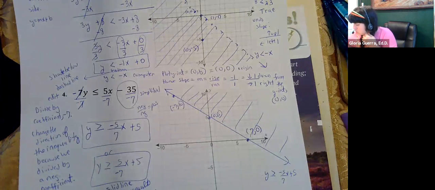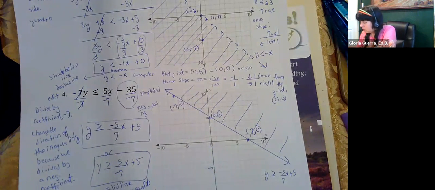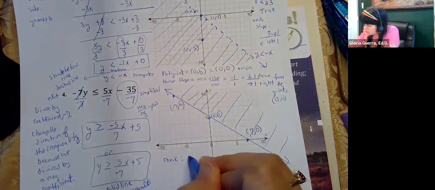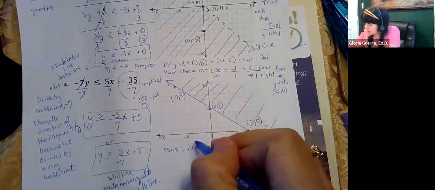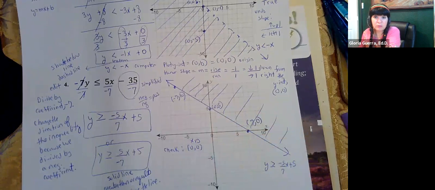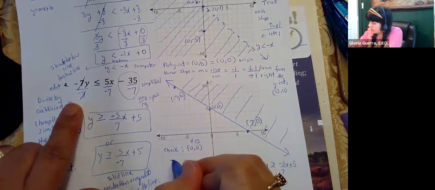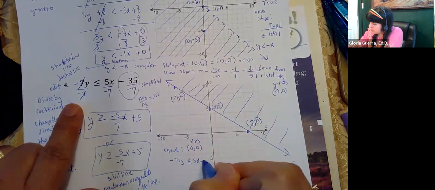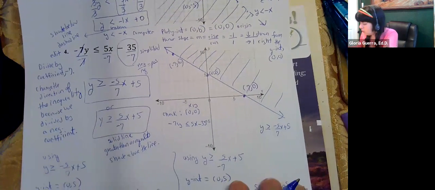Okay, so let's do a check. I'll use 0, 0 because it makes the math easier. According to this, when I plug in x, y, I should get a false statement. It's not on the shaded region. So when I plug it into the original inequality, -7y less than or equal to 5x minus 35, I should get a false statement.